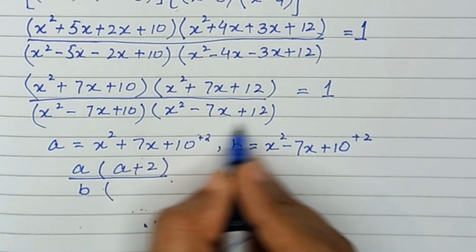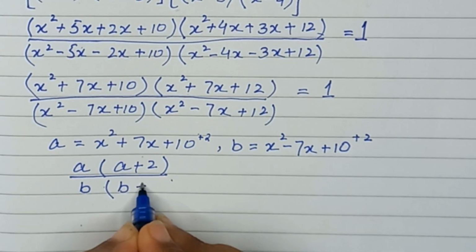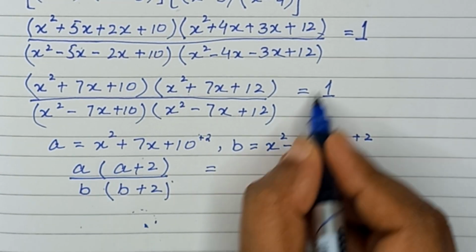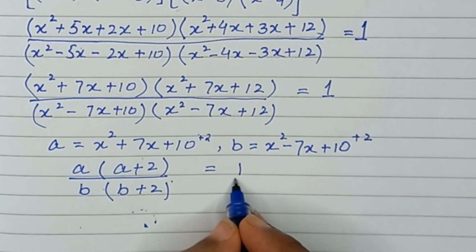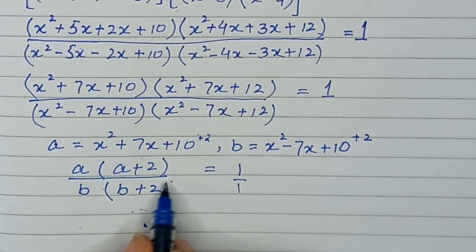So we can write it as a into a plus 2, divided by b into b plus 2, which is equal to 1. So we can write it as 1 divided by 1.